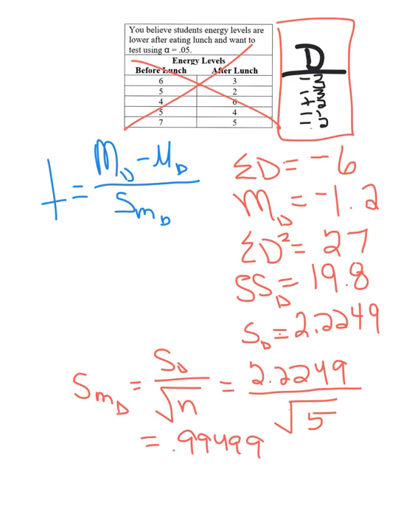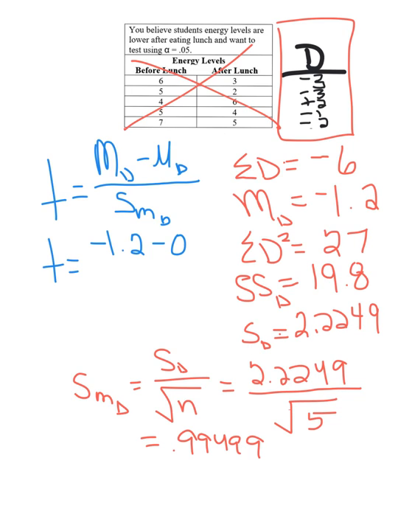So I'm going to go ahead and plug that in. T equals, now our mean difference is -1.2 minus 0, because the null is that there would be no difference, right? Or it would not be less than.